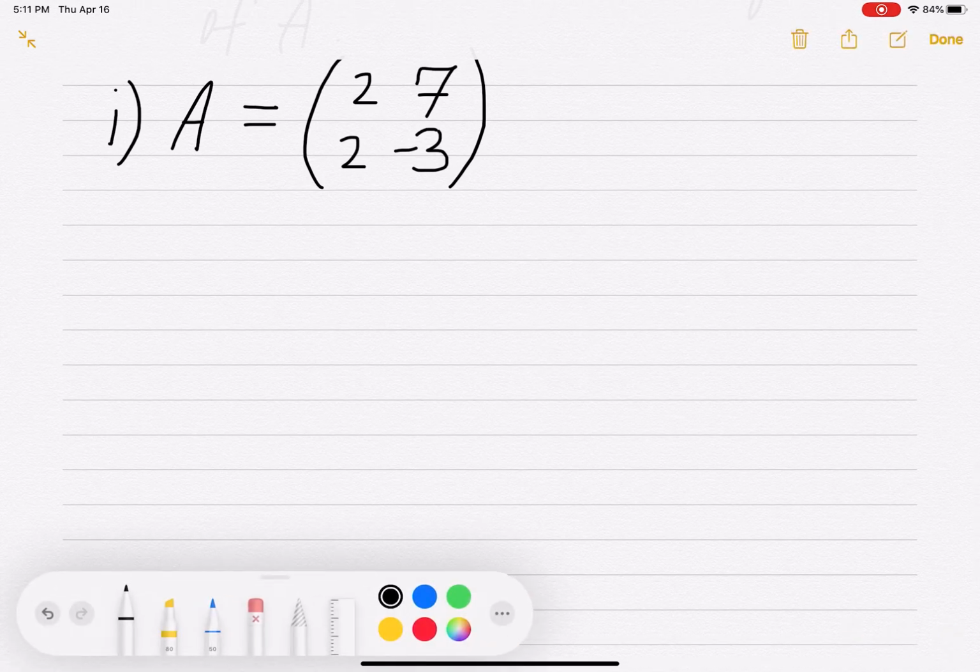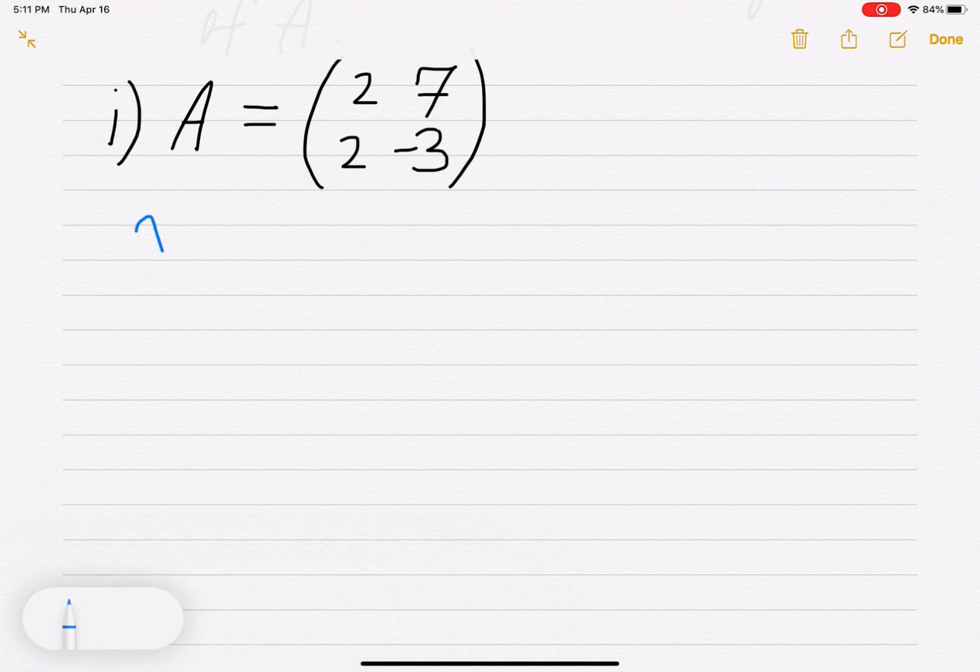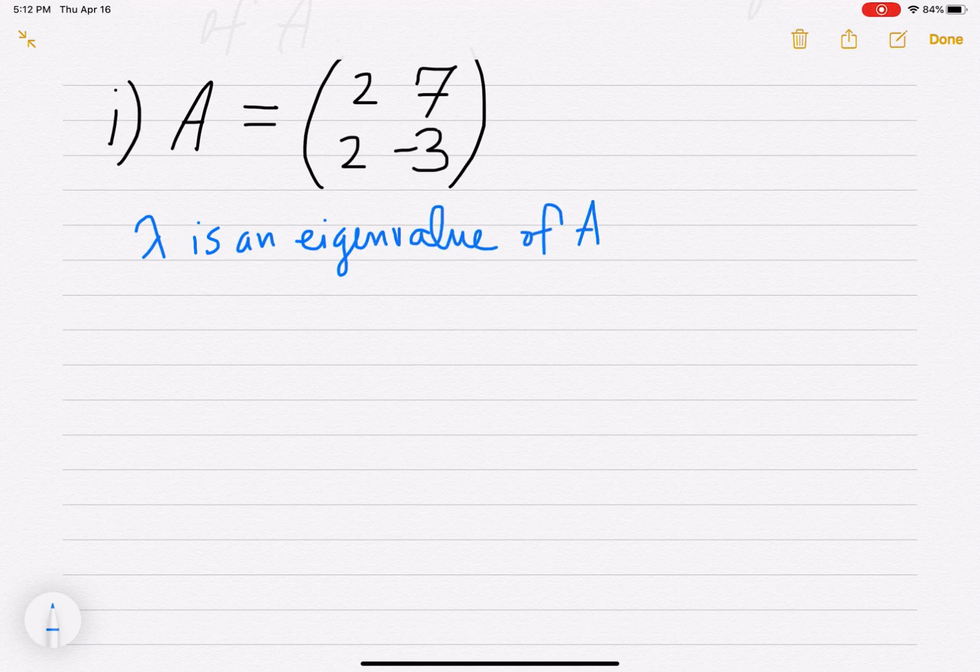All right, so let's say lambda is an eigenvalue of A. That's the same as saying what? The characteristic polynomial evaluated at lambda equals 0, right?